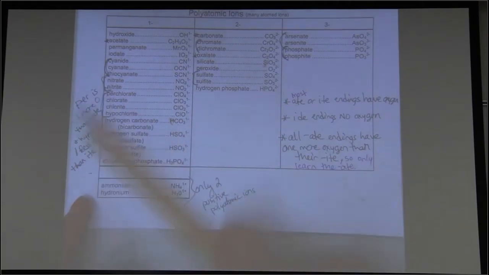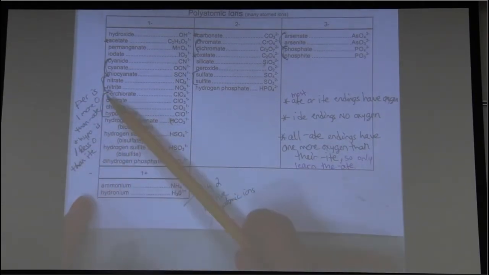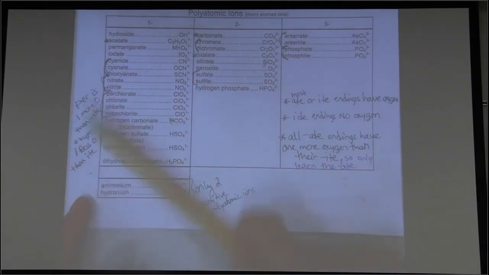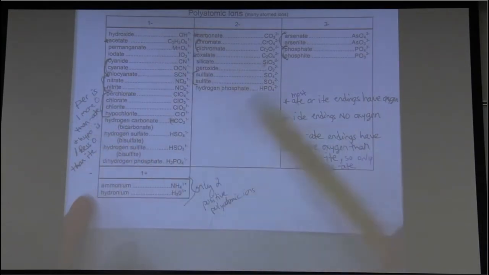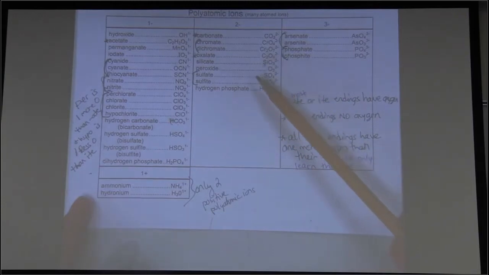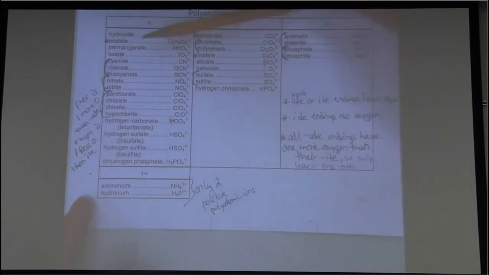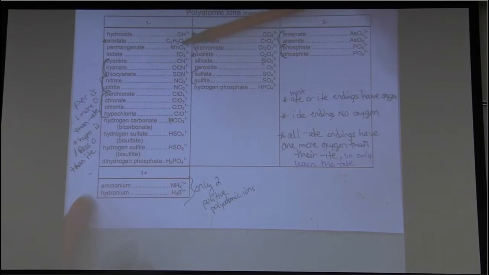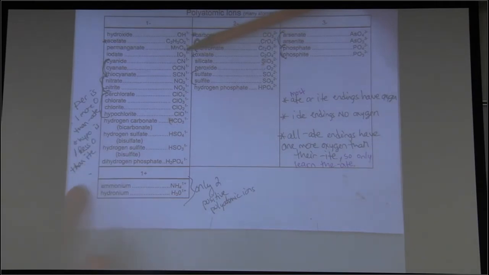This trend or rule, I guess you might say, for naming, once you know that, you can figure out polyatomic ions that are not even on this sheet. For instance, if you know permanganate is MnO4, what would manganate be? MnO3 negative 1.